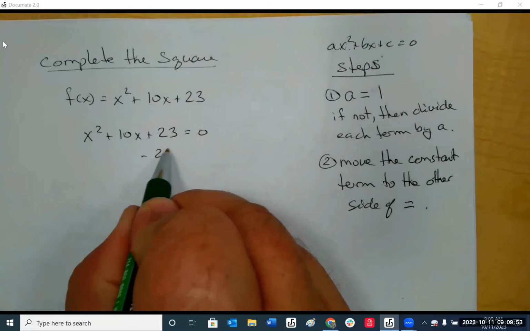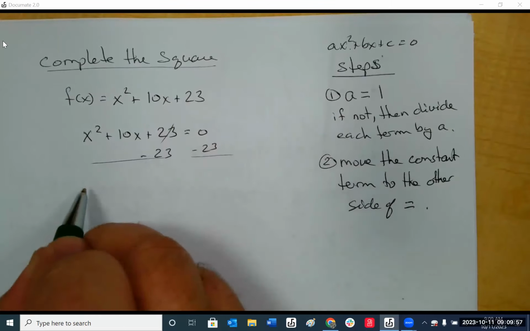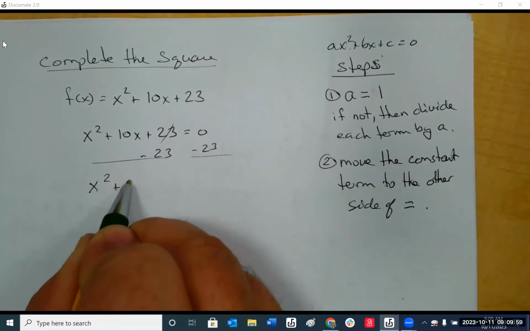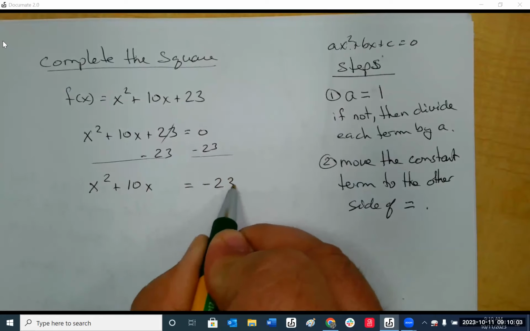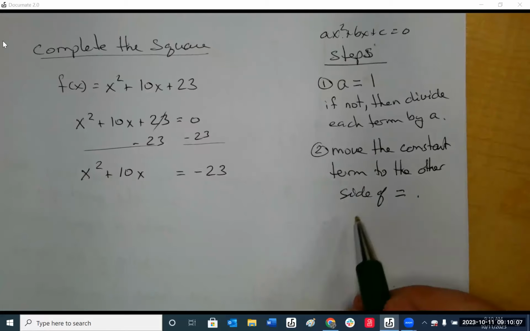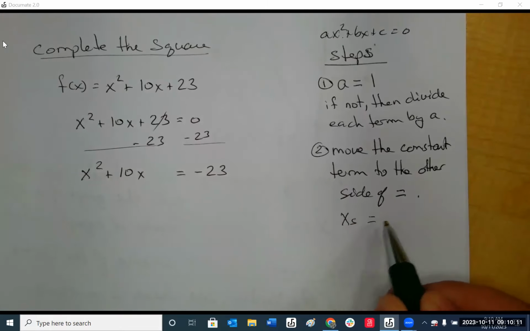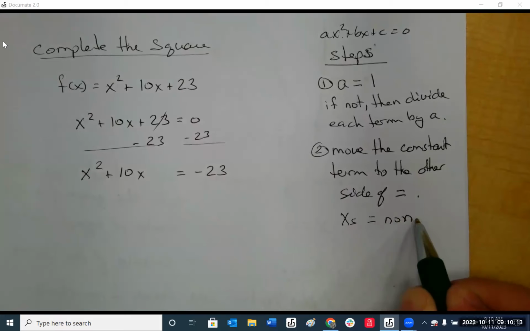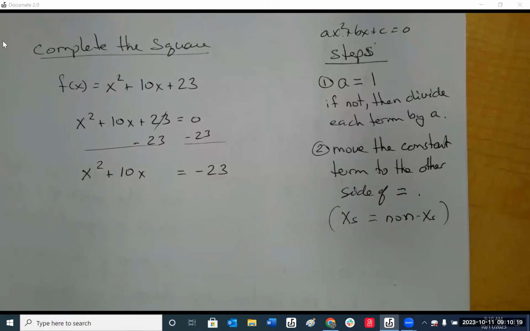So we subtract 23 from both sides. What we want is this: all the x's on one side and non-x's on the other side. That's what we want. It'll make life much easier for us.